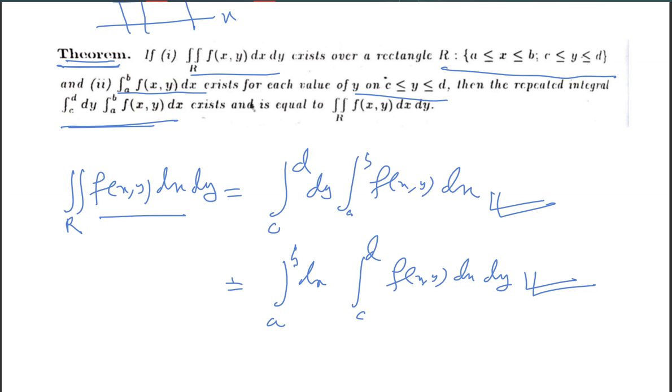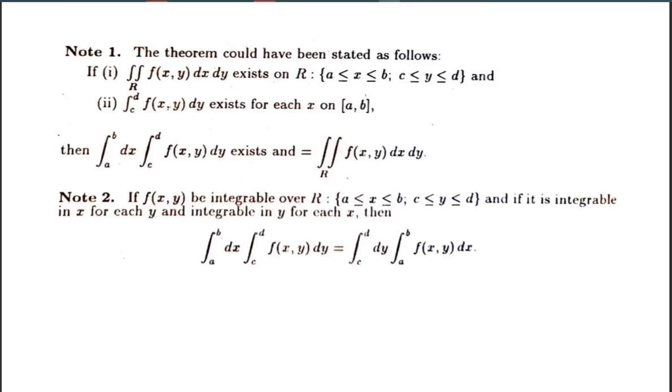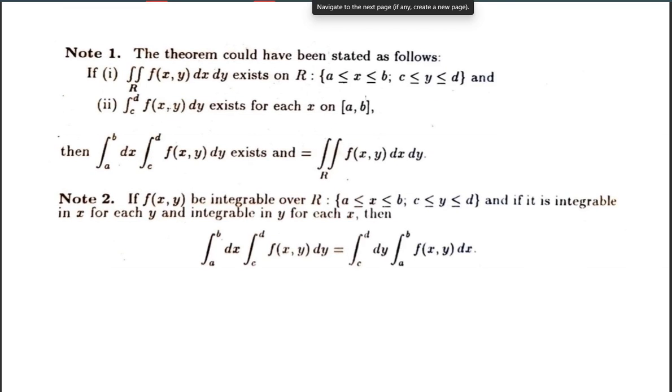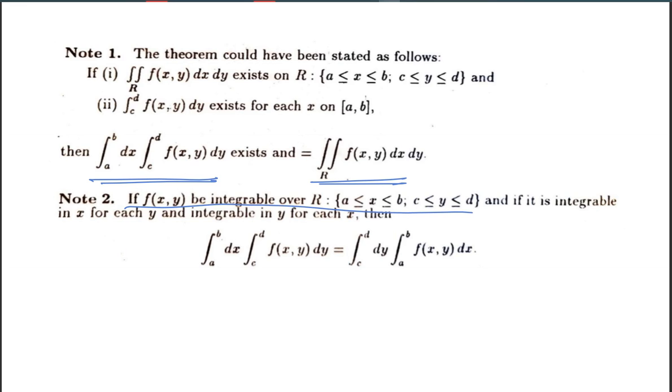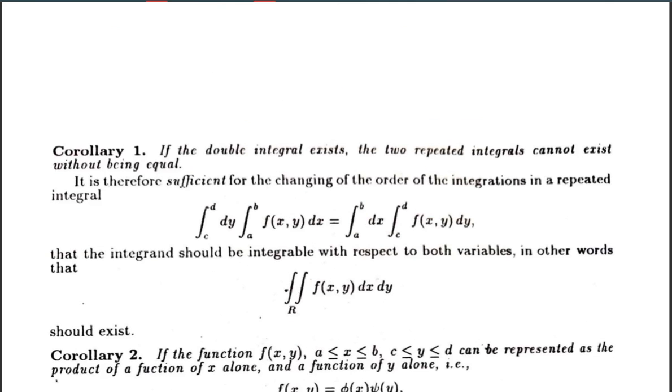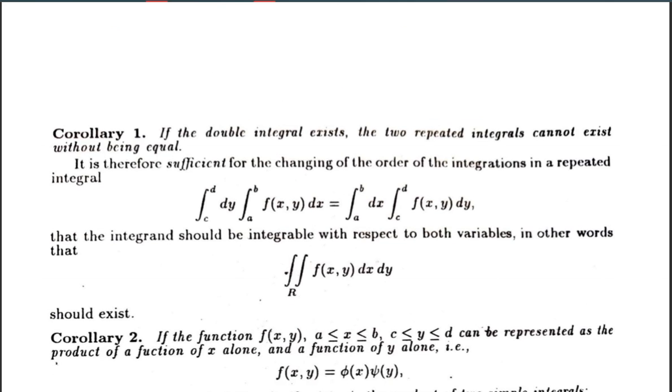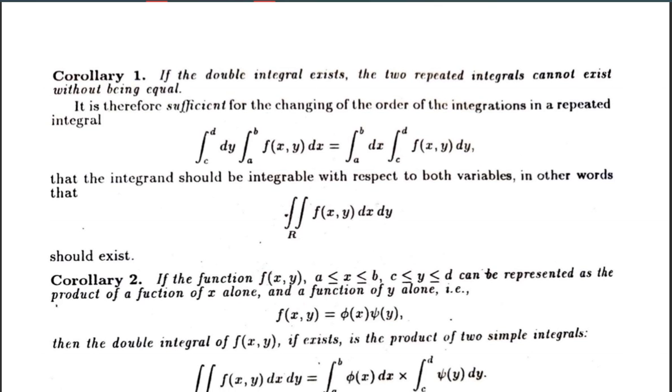We have that in our next slide, written down there. This is the first thing I have discussed, that you can represent like this. And if f(x, y) is integrable over this region R, and both these integrals exist, then only will what I have just said hold, and in that case it will be equal to these two things.